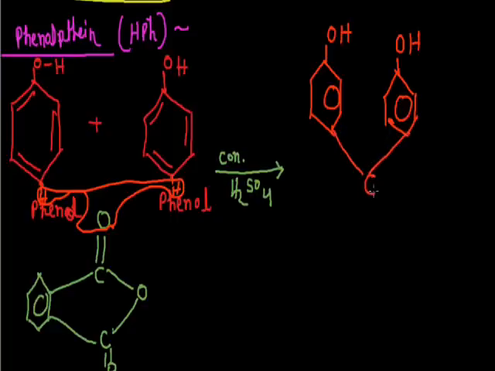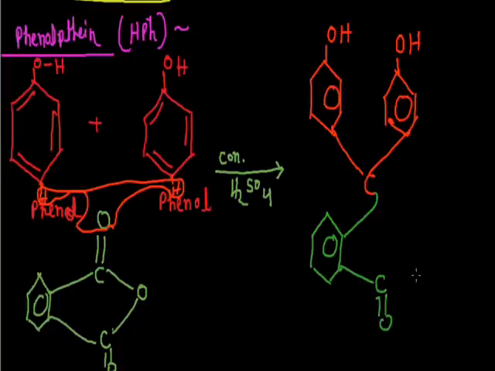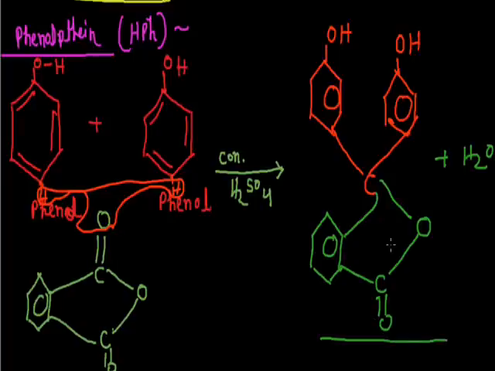This carbon comes from phthalic anhydride, along with the phthalic anhydride ring, with a C double bond O and a C-O, by the removal of H2O. This whole structure is called the phenolphthalein molecule, HPh.